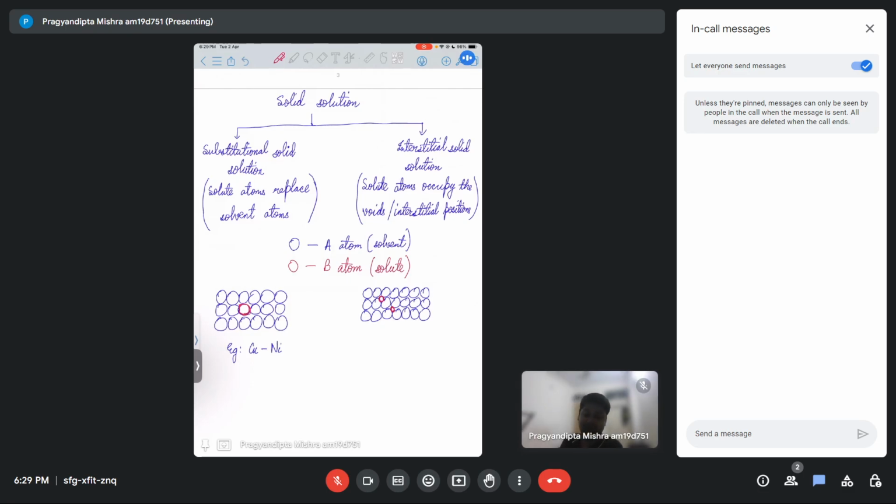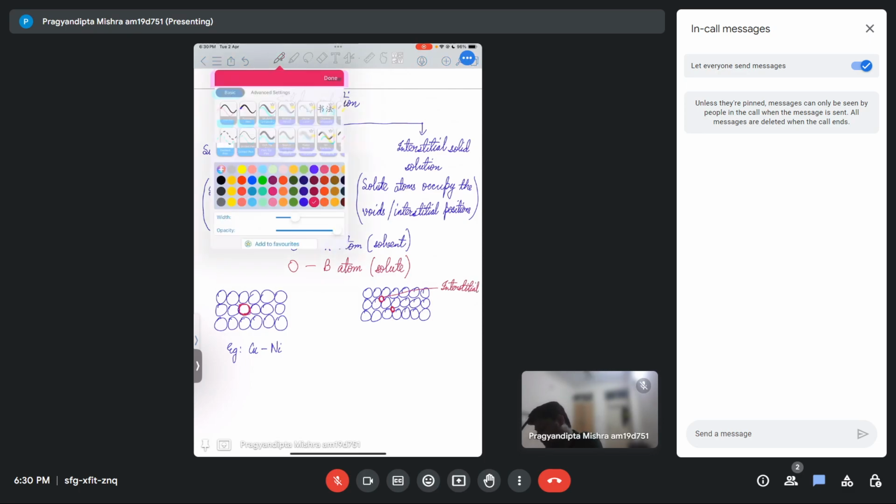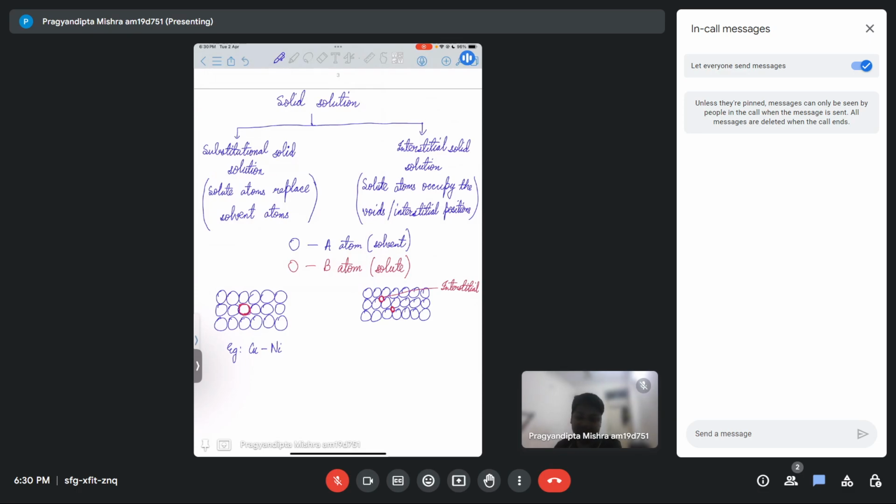Like this, it might occupy positions in between the atoms. Okay, so interstitial positions. So this is how an interstitial setup would look. A good example for this is carbon in iron.